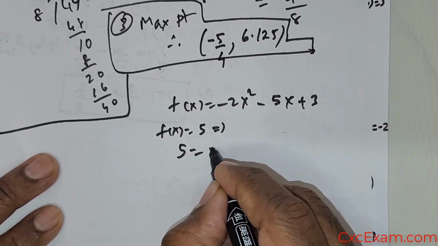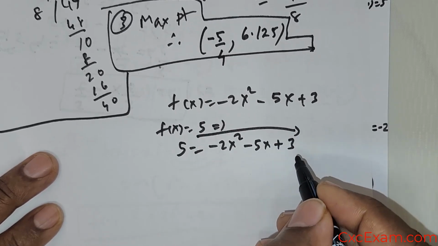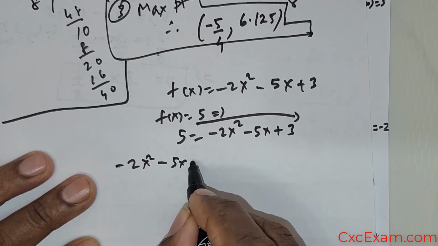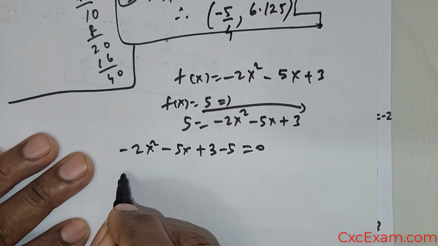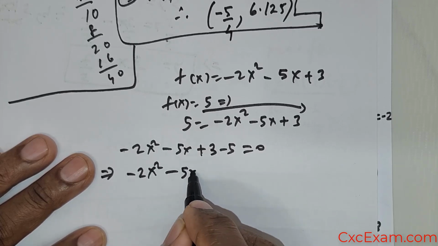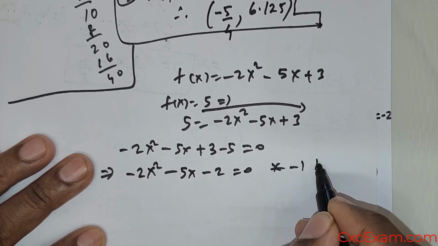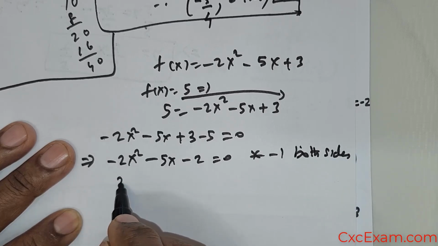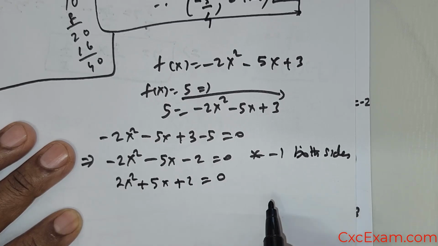This means 5 is equal to negative 2x squared, negative 5x, positive 3. Move this to the other side. So you get negative 2x squared, negative 5x, positive 3, negative 5 is equal to 0. This can be further rewritten as negative 2 times x squared, negative 5x, negative 2 is equal to 0. I'm going to multiply by negative 1 both sides. So this would give me 2x squared, positive 5x, positive 2 is equal to 0.